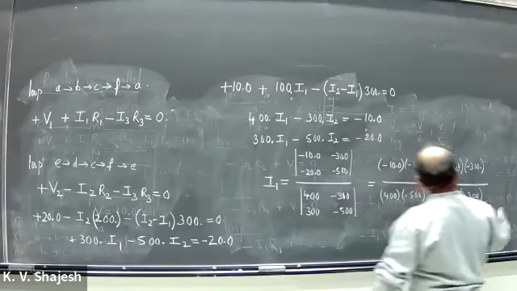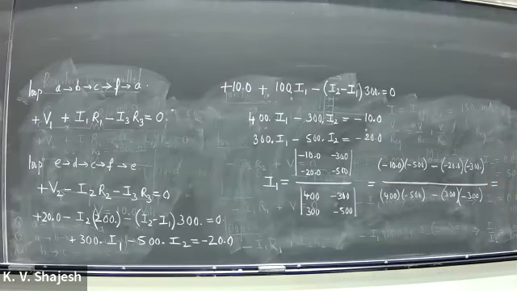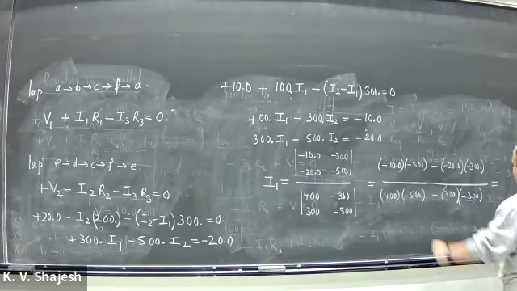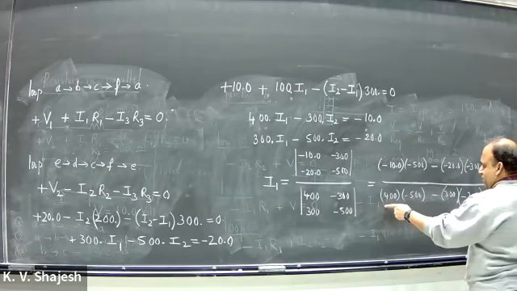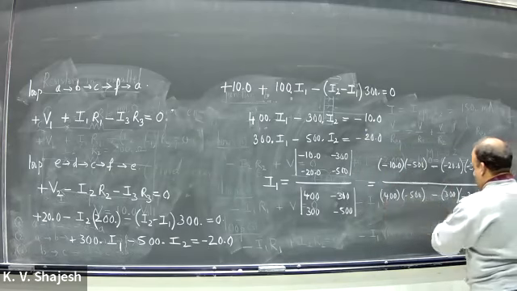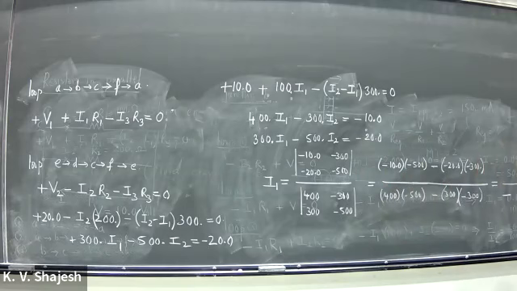How much is this? Help me. In the denominator, you get a negative number for sure, right? 3 into 3 is 9, 5 into 4 is 20, and 20 plus 9 is 29 with 4 zeros.